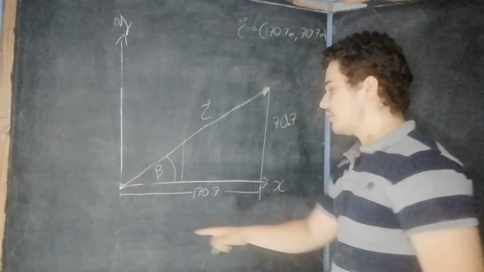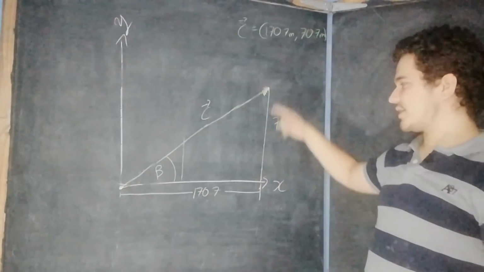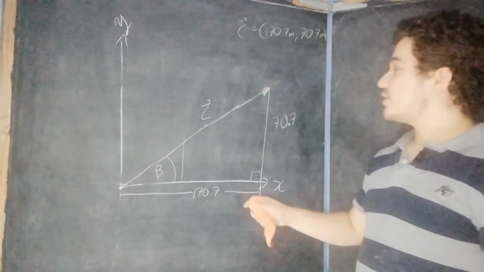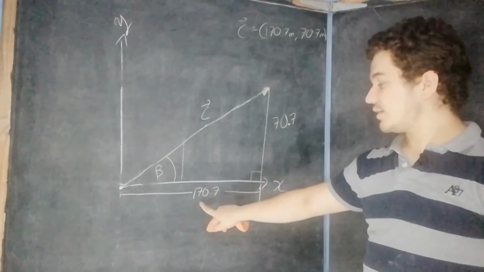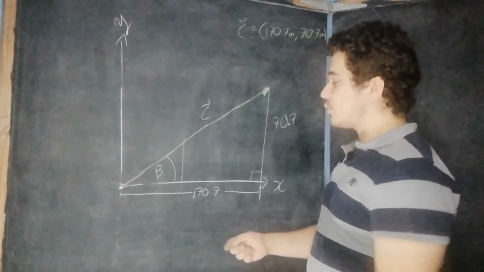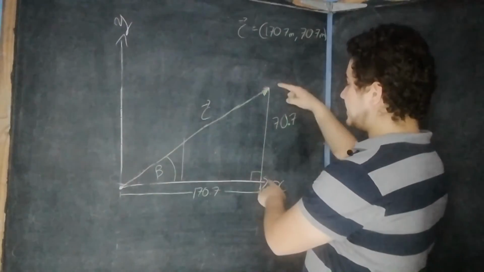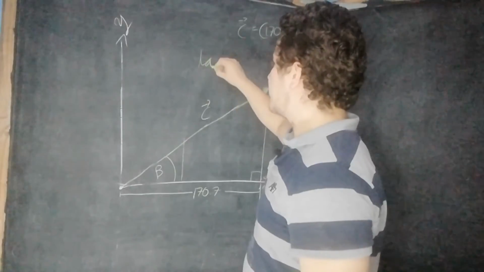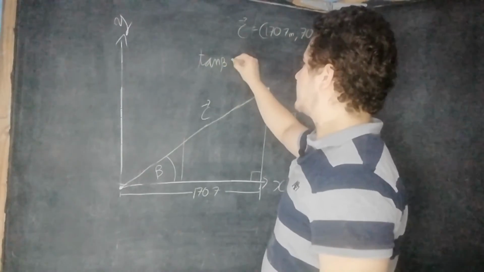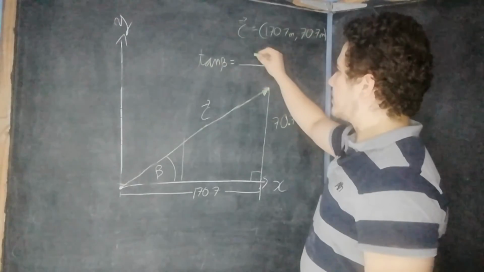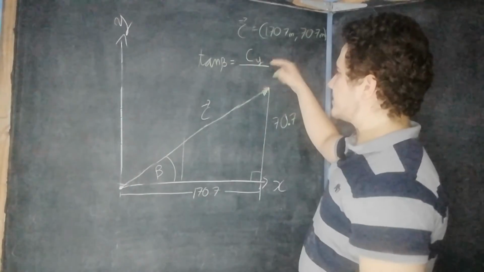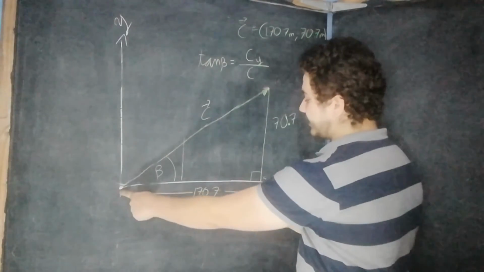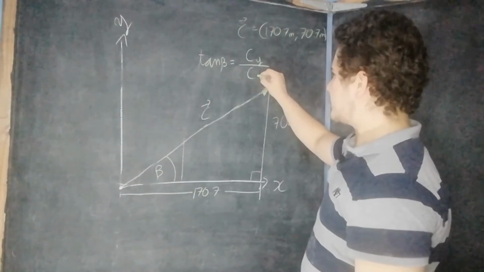If you remember, this is a right triangle again, but this time we do not know the magnitude, we just know the components. In this situation, we know the cathetus and the opposing cathetus. Tangent of beta equals the opposing component, C sub y, divided by the adjacent cathetus, C sub x.